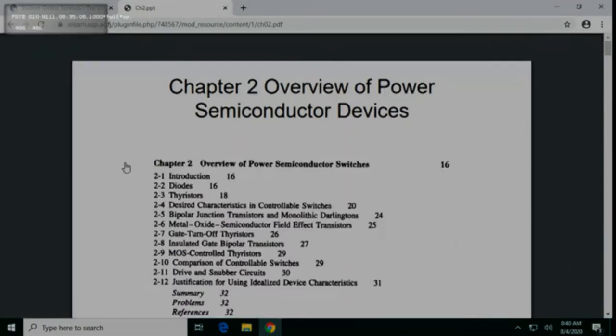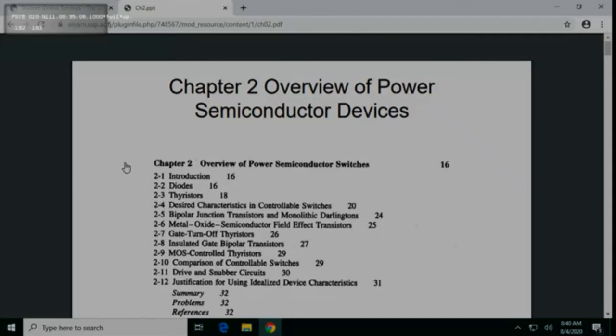Chapter 2. Okay, overview of power semiconductor switches. First we are going to see a bit of introduction. Then we are going to start off with the most famous semiconductor device, diodes. Okay, uncontrolled.